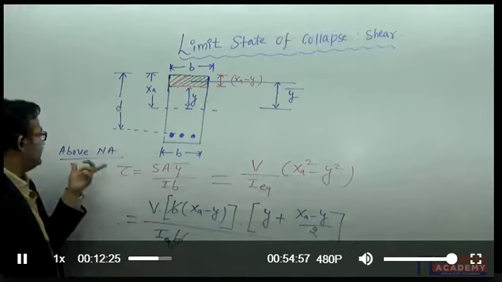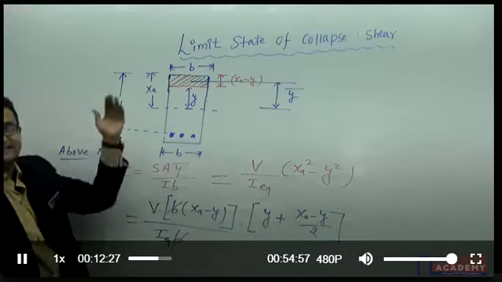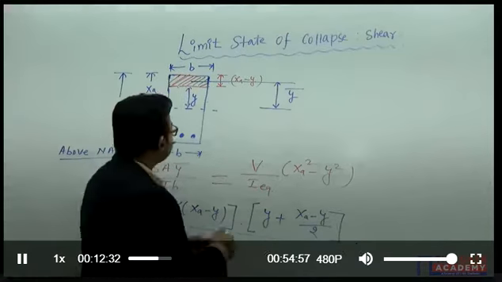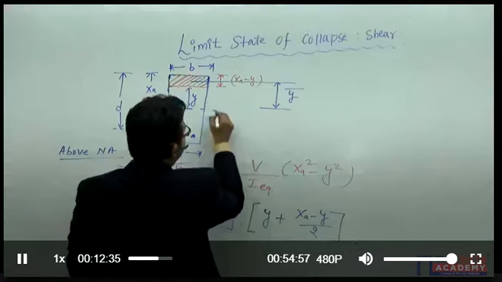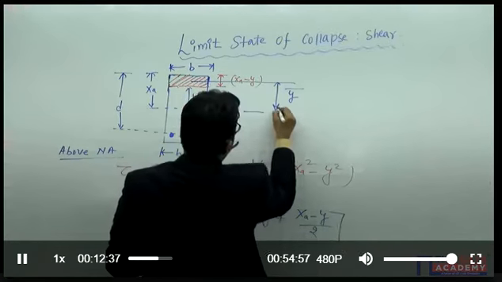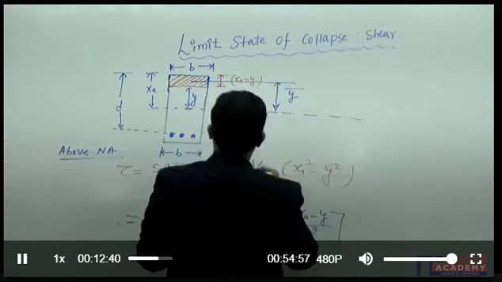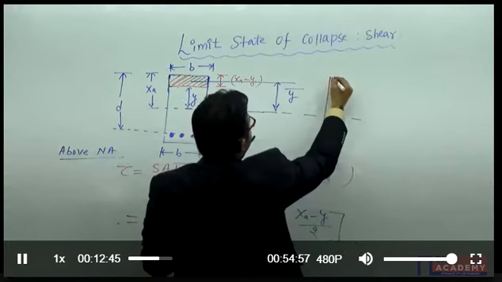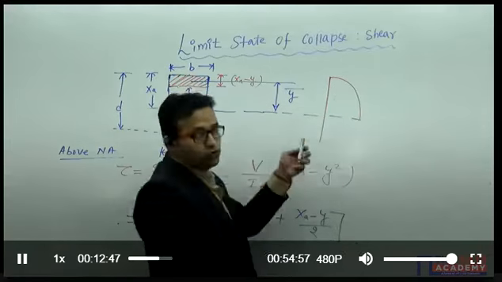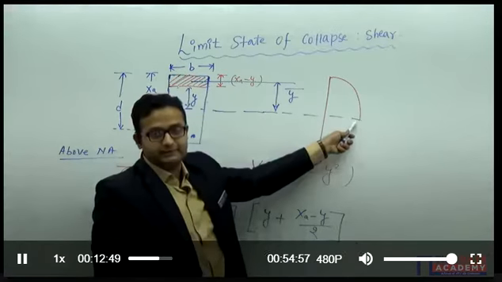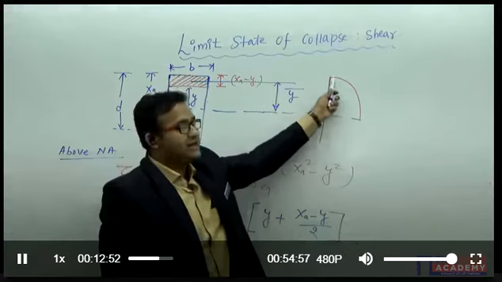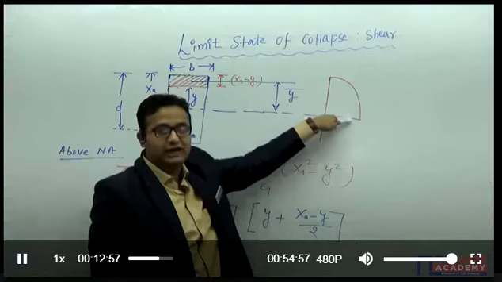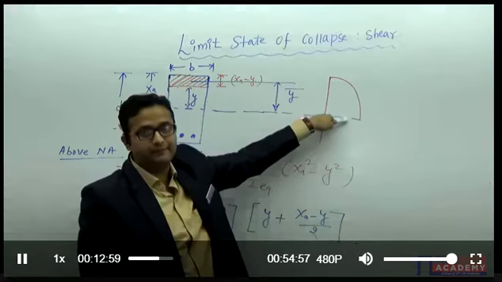So I told you I have calculated this above the neutral axis. Means I can say here the shear stress distribution is parabolic from the top fiber to the neutral axis in the RCC beam.